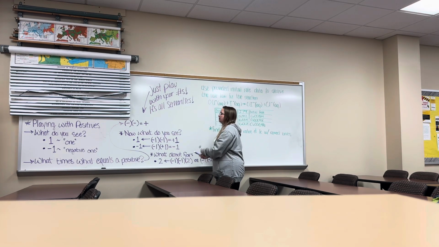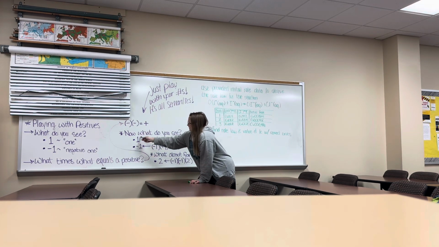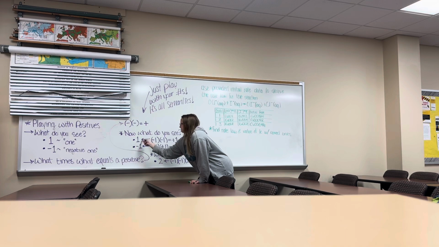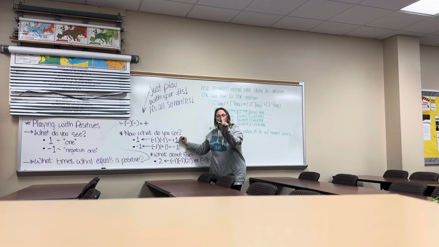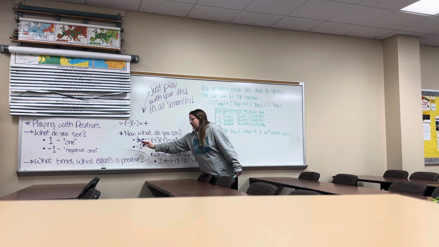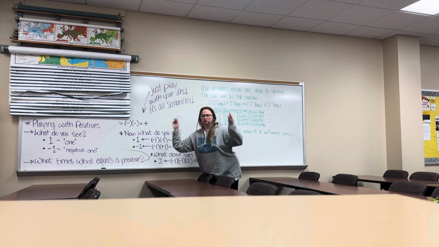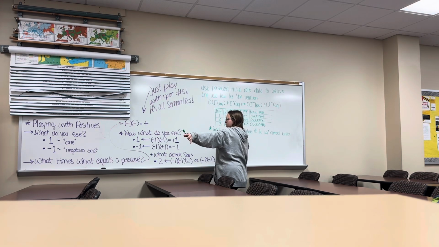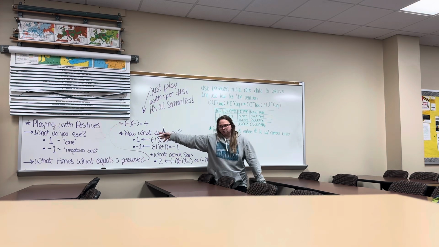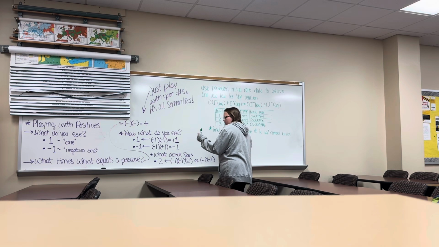So now, when you look at this number, hopefully you're going to see a +1. You think of it as +1, and all of a sudden you're like, holy shit, I can play with positives. Okay, now what do I do?